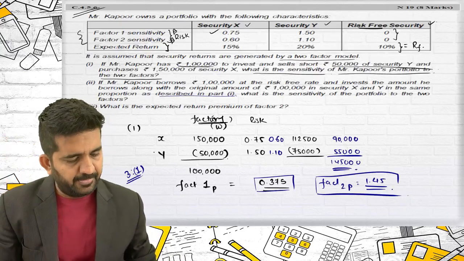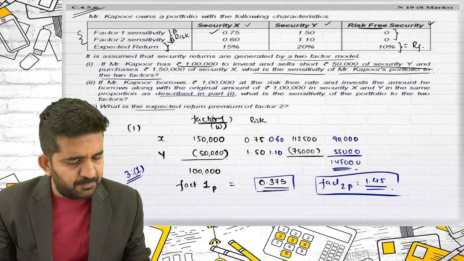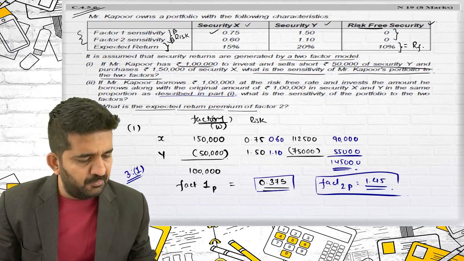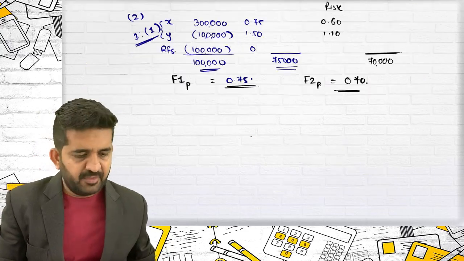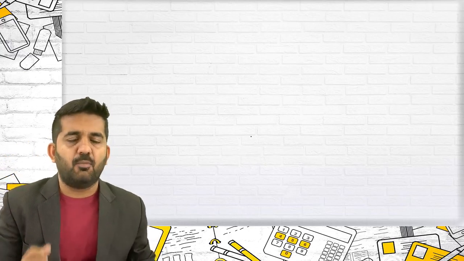Third one. What is the expected return premium of factor 2? Now try to concentrate. As per the CAPM model, if you understand the logic of the CAPM model, what does it say?